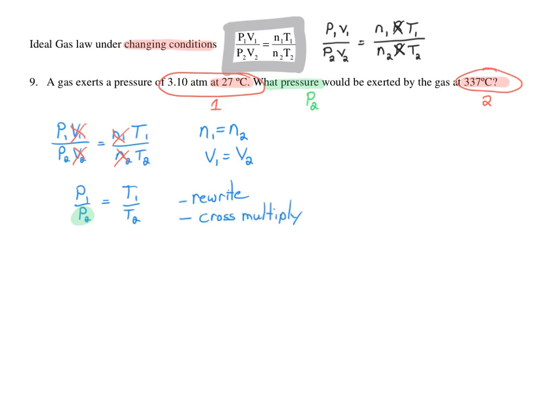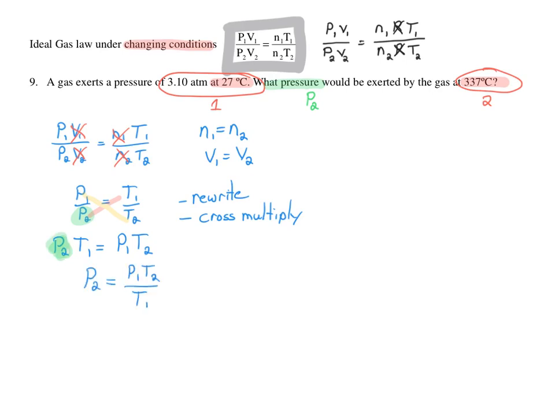Okay, now please, people lose points all the time trying to skip steps. Go through these steps. So we're going to multiply P2 times T1, and that's going to be equal to P1 times T2. And again, what we've done here, P2 times T1 is going to be equal to P1 times T2. And remember, we've decided we're going to solve for P2.